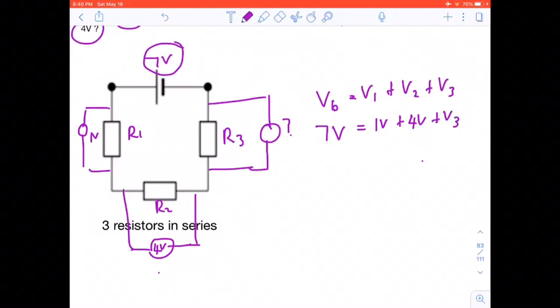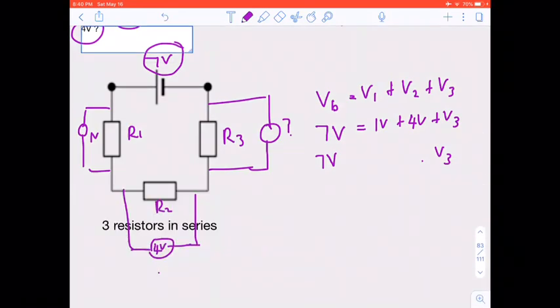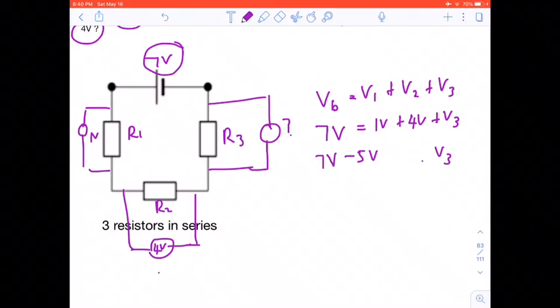So V3 is equal to 7 volts minus 5 volts, right? And that is V3, so therefore V3 is equal to 2 volts. And so there we have that.